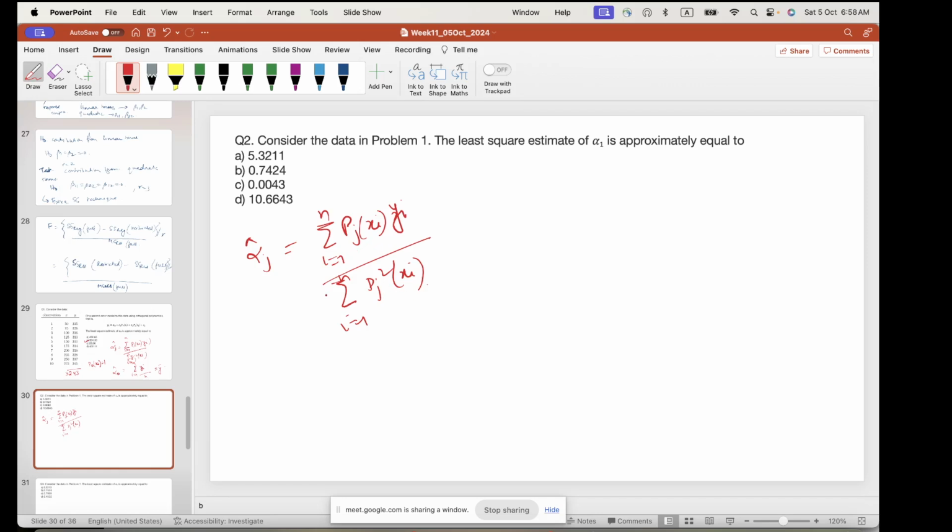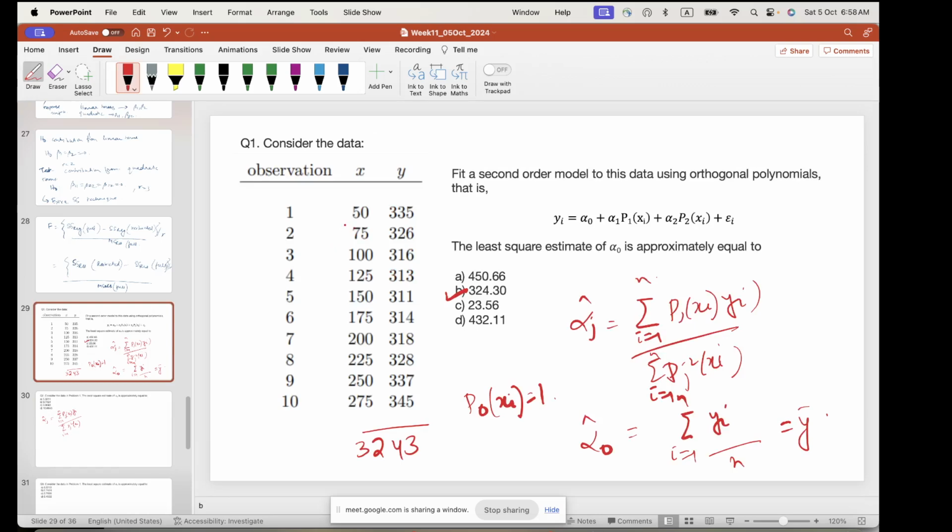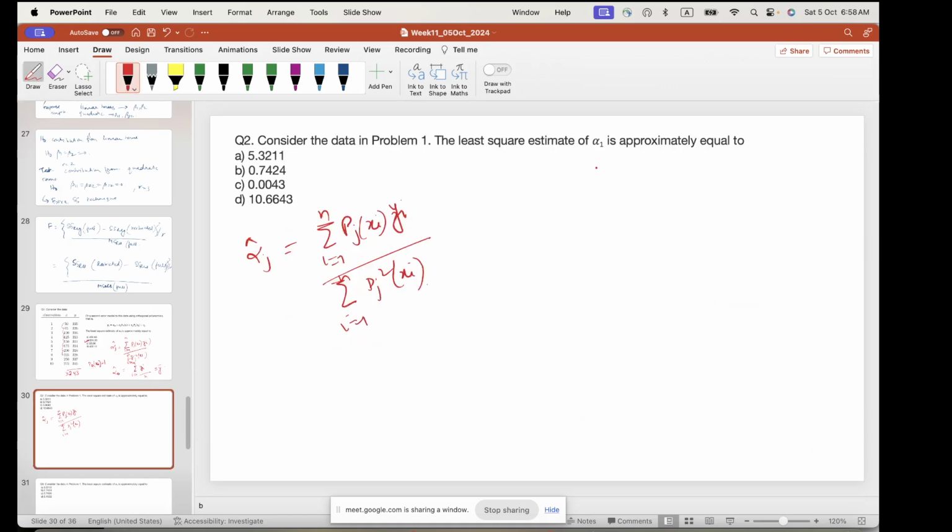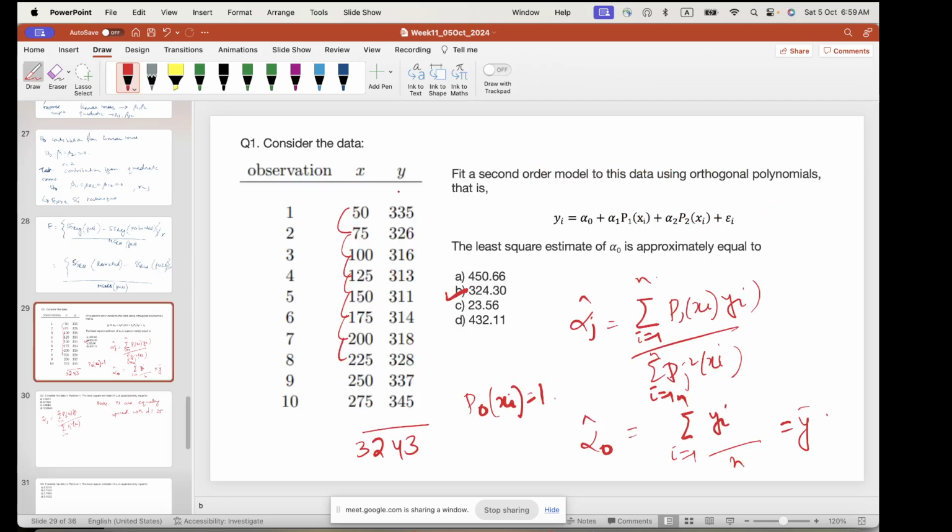Okay. Now going back to the example, you see here x's are equally spaced. So we note x's are equally spaced with d equal to 25. This is quite evident.